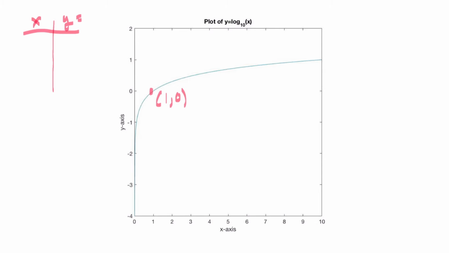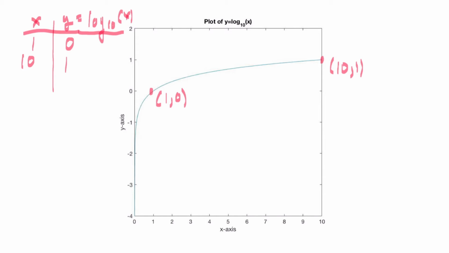So at x equals 1, y has the value 0. Are there any other points we can plot easily? Well, at x equals 10, this is the value 1. 10, 1 is on the plot.